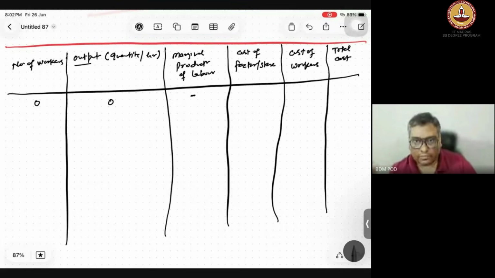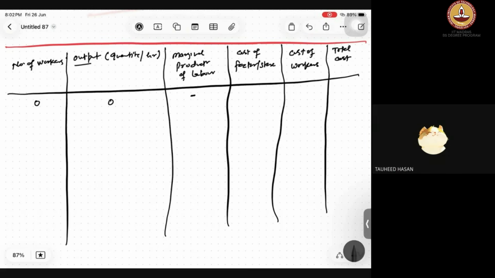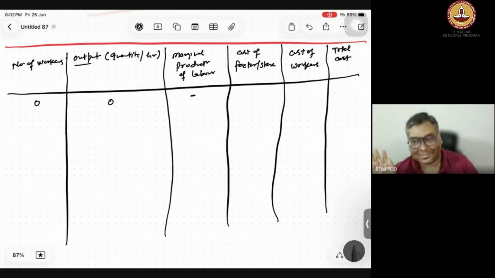That is fixed. Whether you are producing or not producing, like if you are using Netflix, whether you are watching a movie or not, Netflix is charging you in advance, right? Yes, sir. Now the cost of worker here is what?